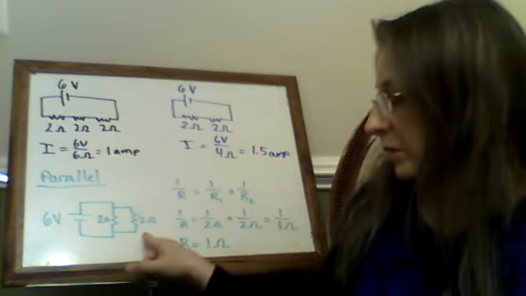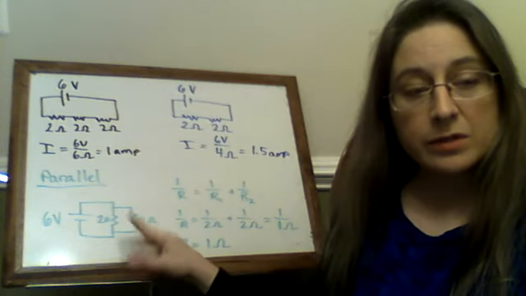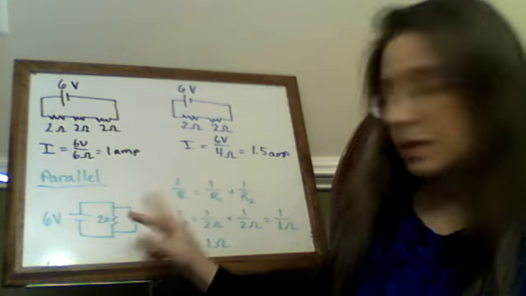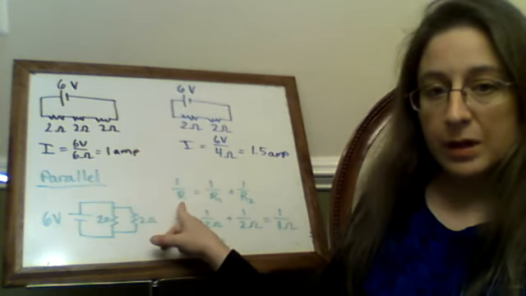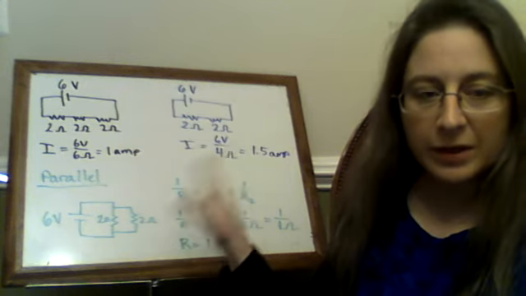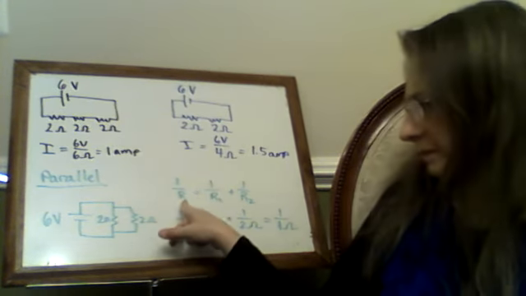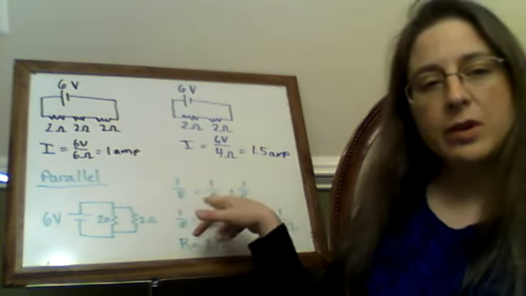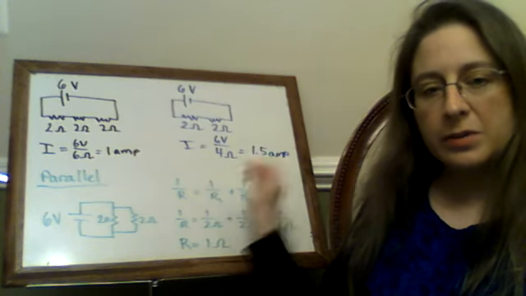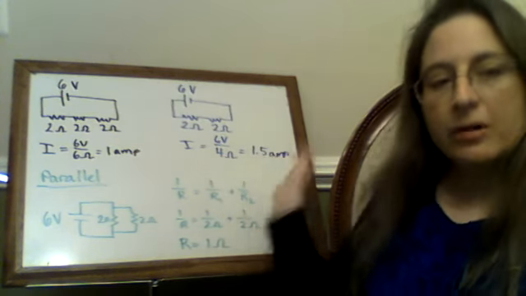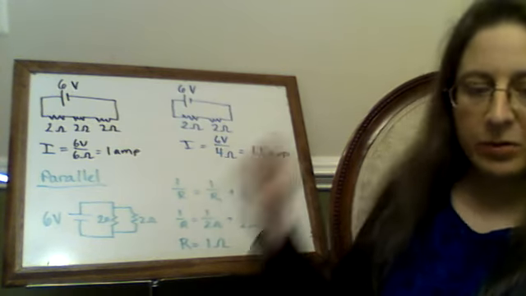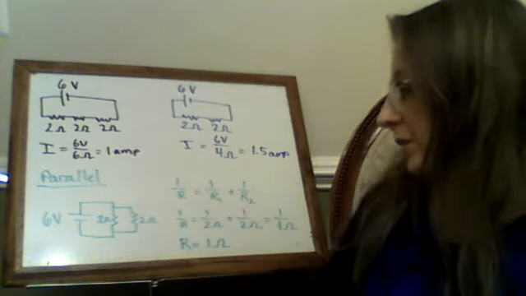And so when we want to calculate the resistance of two resistors in parallel, then we use this formula, which people always forget at the end to kind of flip it. So you really want to pay attention. 1 over R equals 1 over resistor 1 plus 1 over resistor 2. And if you have resistor 3 and resistor 4, you just keep adding the reciprocal of those.